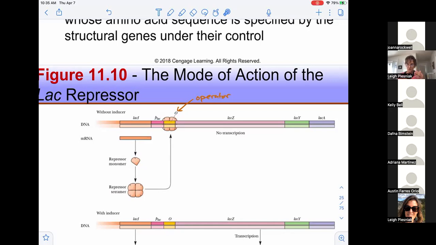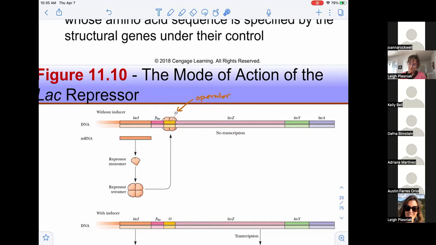Just to review, I know I'm repeating stuff a lot, but I think it probably helps. The promoter is the sequence of DNA to which RNA polymerase binds. The operator is the sequence of DNA to which the repressor protein binds. If the repressor is on the operator, RNA polymerase can no longer bind to the promoter, and it blocks transcription of the genes.